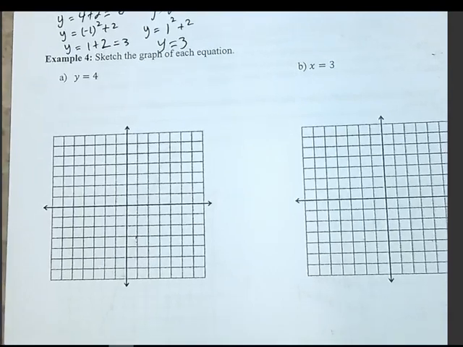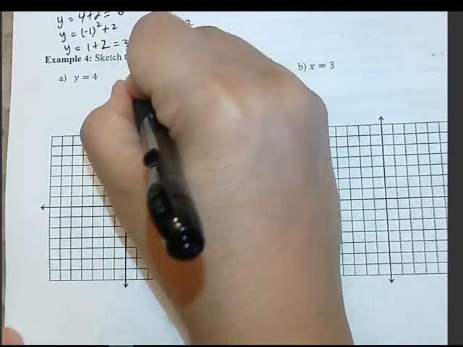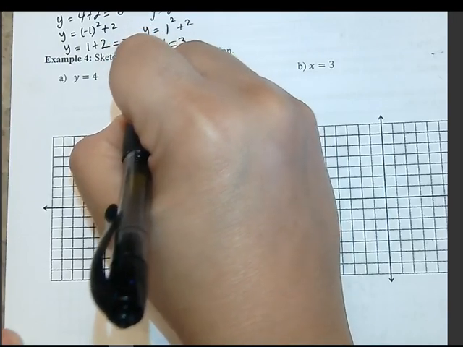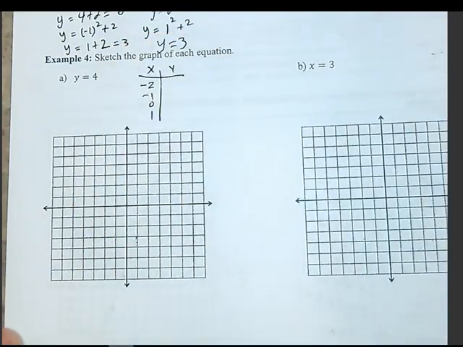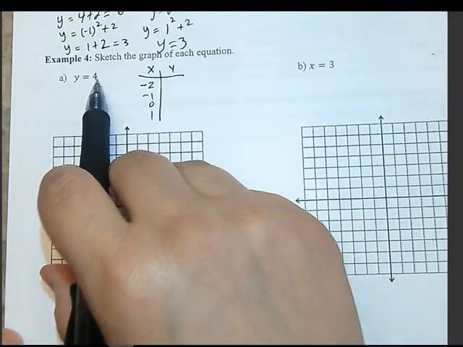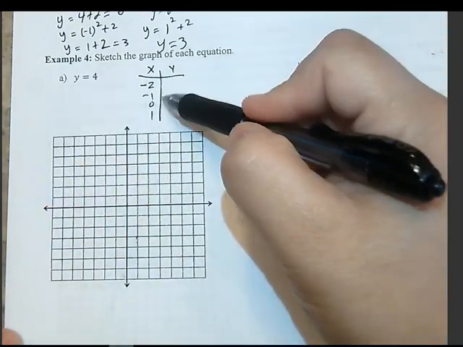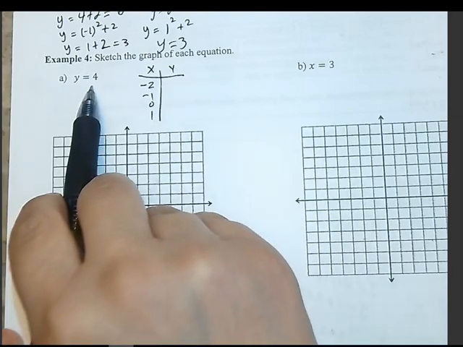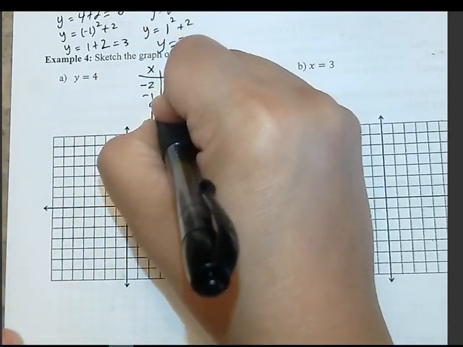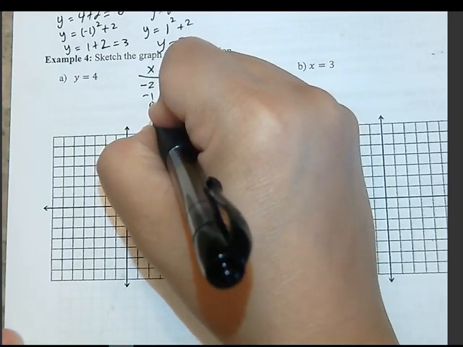Y equals 4. We can create our own table. So let's say x is negative 2, negative 1, 0, and 1. So if you notice in the equation, we don't have an x. So what they're telling us is no matter what x you choose, your y is always going to be 4. So if x is negative 2, y is always going to be 4. And no matter what the x is.